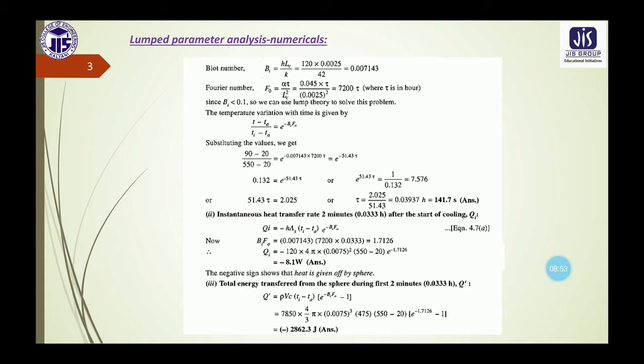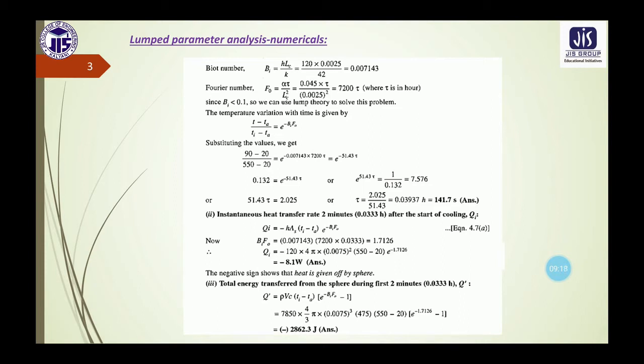Now in the next part of this question, we need to calculate the total energy transferred from the sphere during the first 2 minutes. So again in the formula we need to use the value of tau as 0.0333 hour.